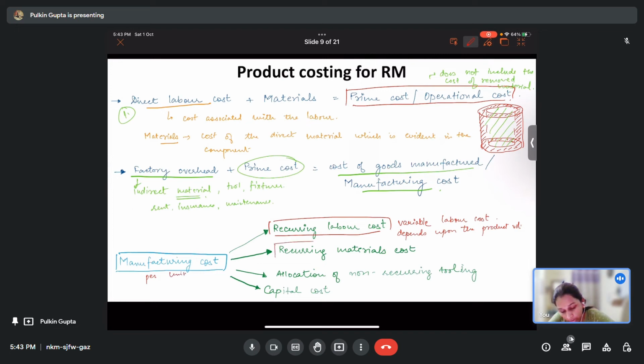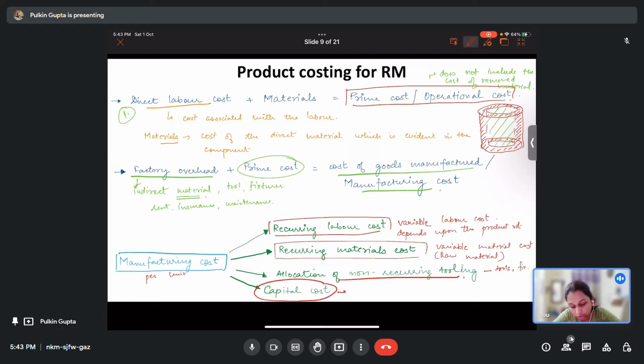Second, recurring material cost, that is again variable material cost, or the cost of the raw material. Next is allocation of non-recurring tooling. Non-recurring tooling is the cost for the overheads that are required only a few times, maybe your tools, fixtures, etc. And then is the capital cost, which is the cost associated with the equipment.